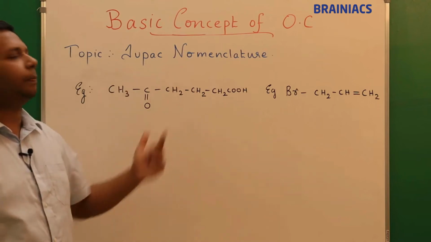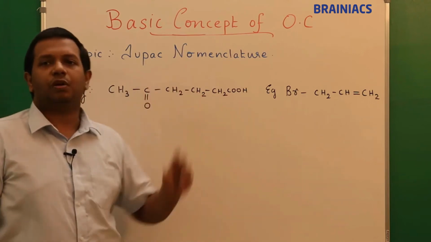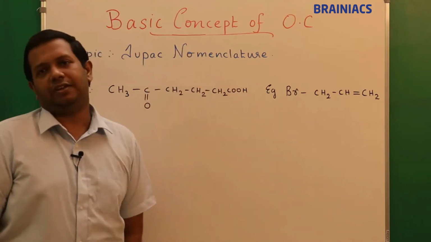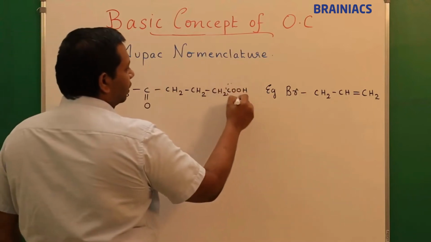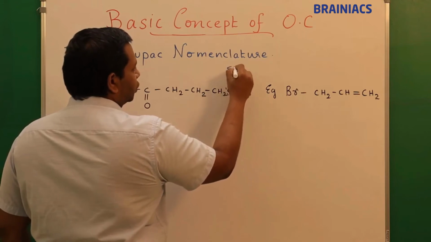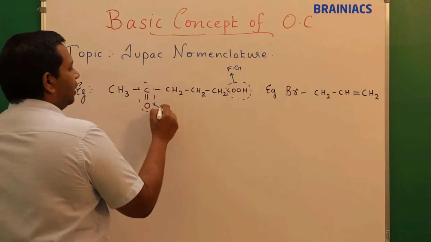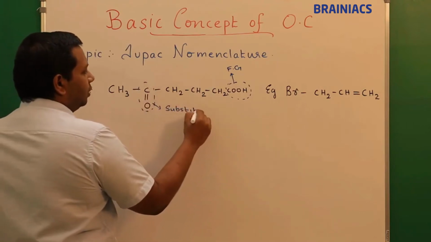You can go into the priority table and check: carboxylic acid and carbonyl group. Who comes first? You know that it is carboxylic acid. So this is the functional group here, and the carbonyl will behave like a substituent.